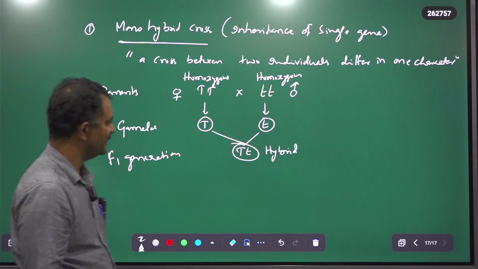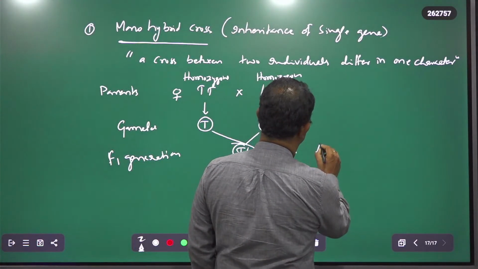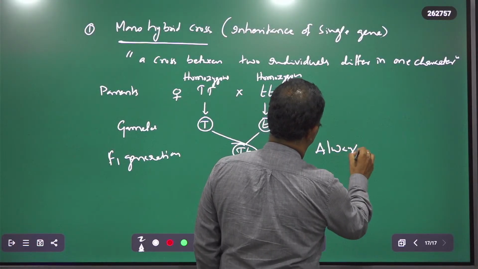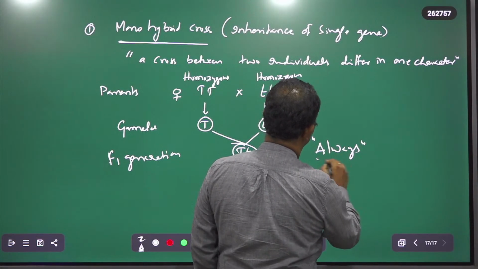The F1 generation is always hybrid. Always. It is very, very important.